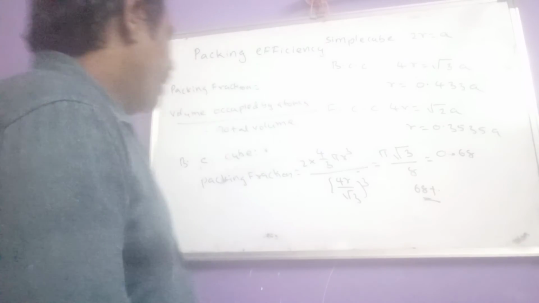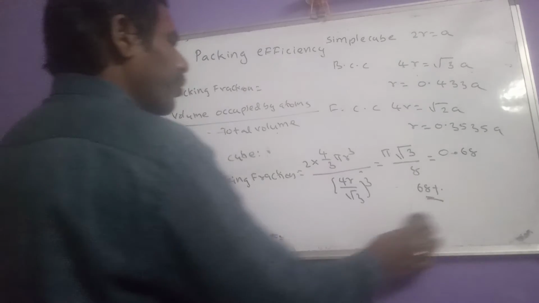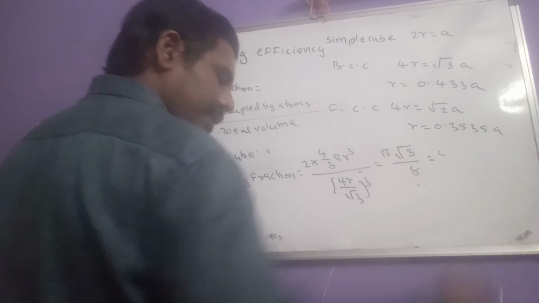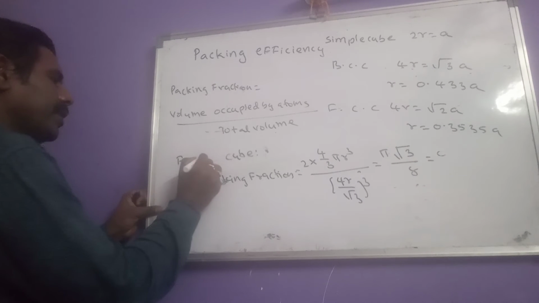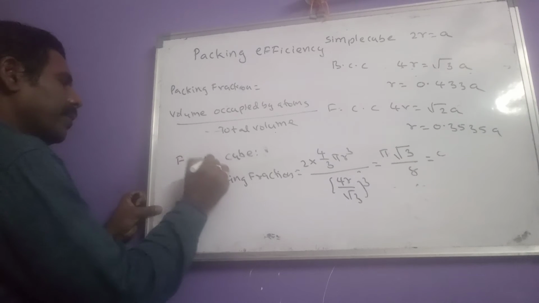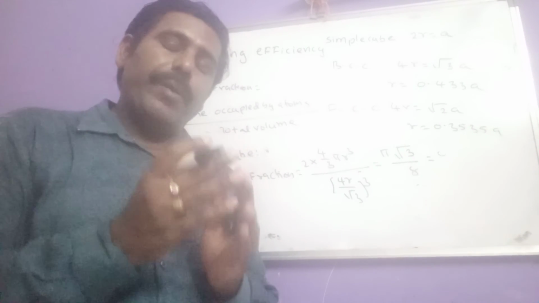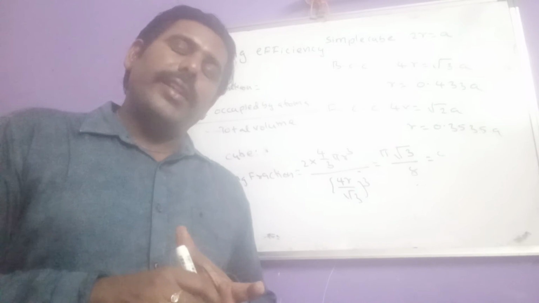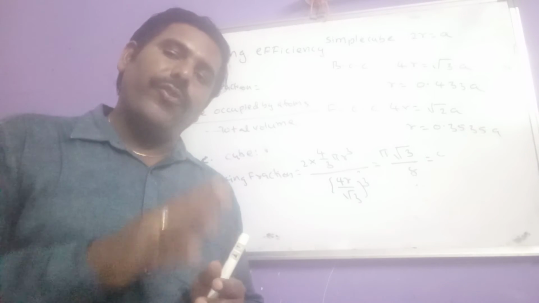Okay, then after that let us go for face centered cube. In face centered cubic lattice, first we have to see the number of effective atoms. What is the number of effective atoms present in face centered cube? 4.